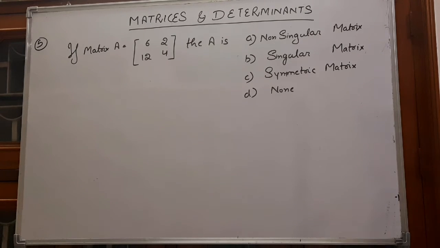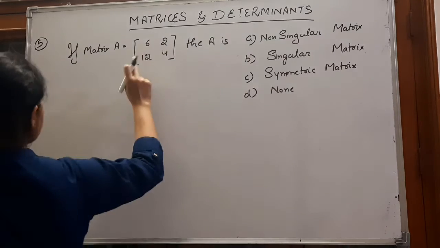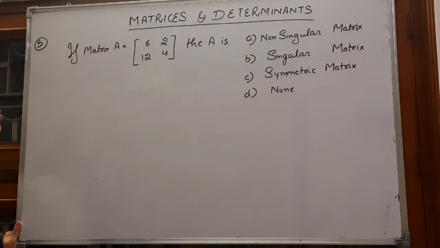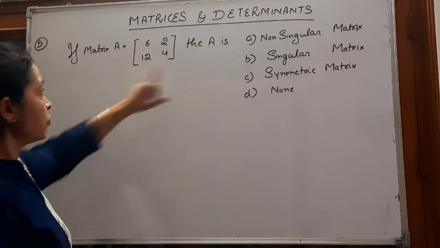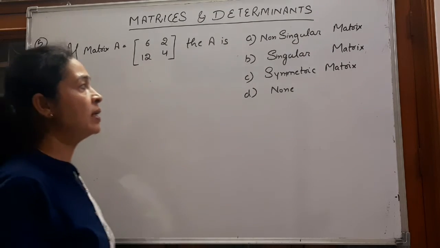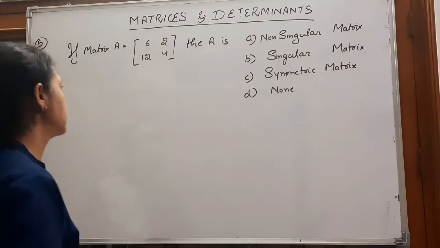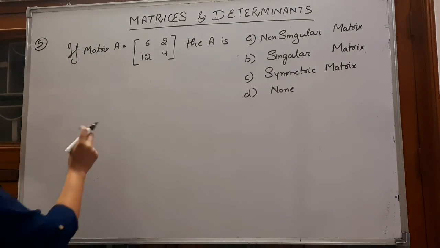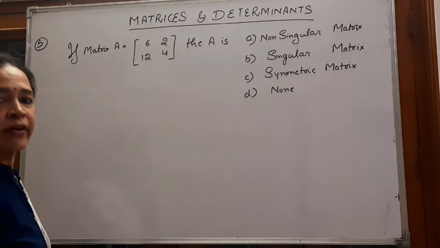If a matrix A, a matrix of 2 by 2, is given, with elements 6, 2, 12 and 4, we have to find whether this matrix is non-singular, singular, symmetric or none of these. Now, what is a non-singular matrix?